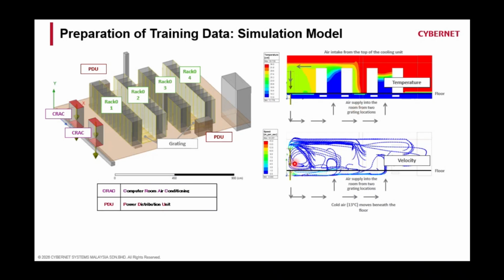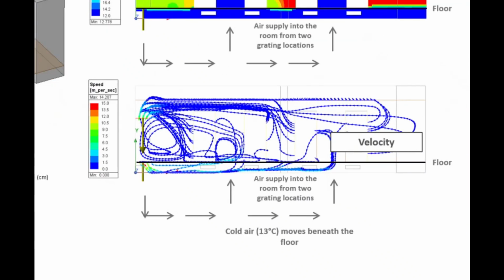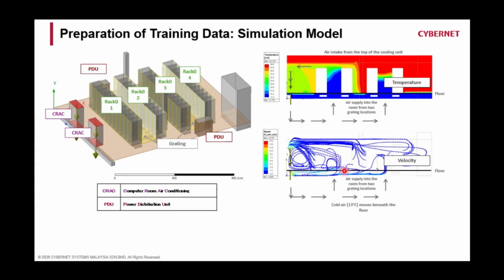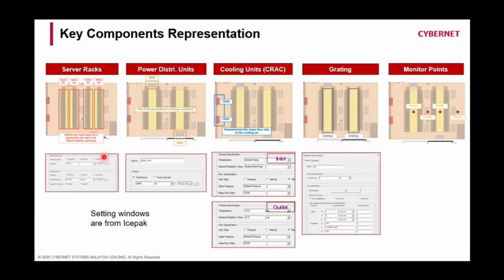And obviously with that, you get to see your airflow, whether the flow is smooth or whether it gets stuck somewhere. This is for you to monitor and see whether the placement of the CRAC is proper or whether you need to do some relocations. So you simulate the performance of this whole data center, and from there you play around with all these different things.